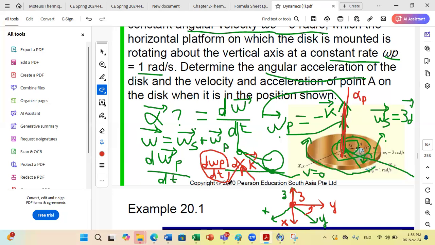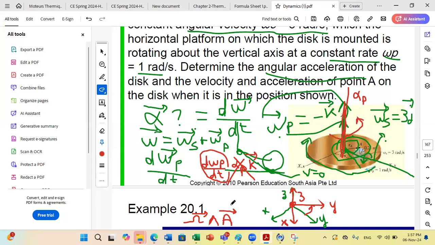Now, what should I add to this? I should add the effect of change in direction. How do we write the change in direction? We said omega vectorial A. Here, what is omega? Omega represents the rotation of small x, small y, small z about the z-axis. The angular velocity of rotation is omega p.